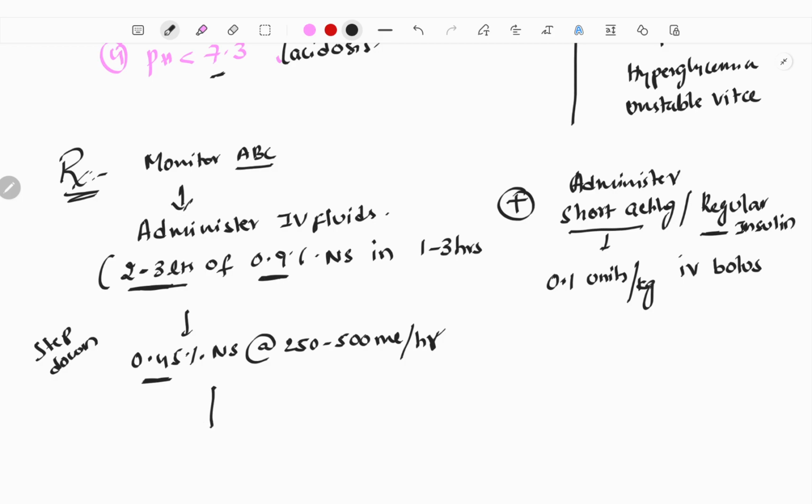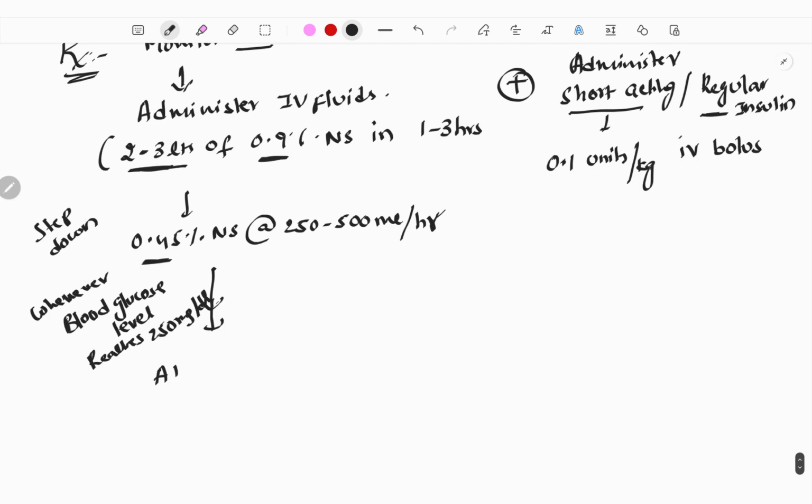Continuously we need to monitor plasma glucose level, like blood glucose level. Whenever blood glucose level reaches 250 mg per deciliter, then we need to add 5% glucose to this 0.45% NS.